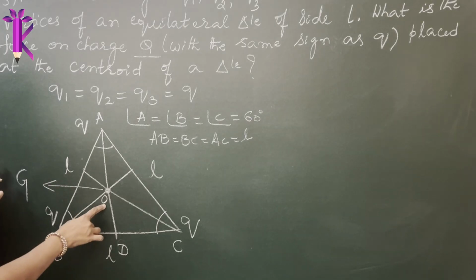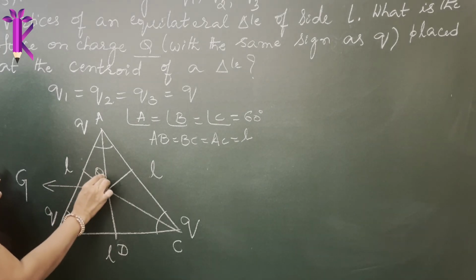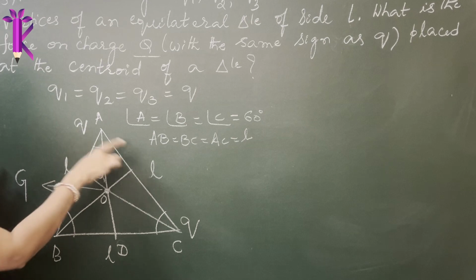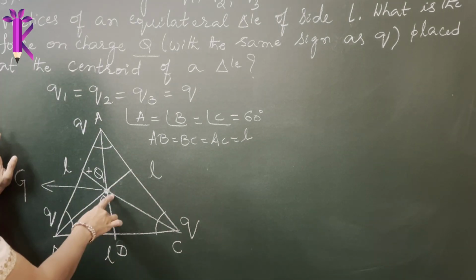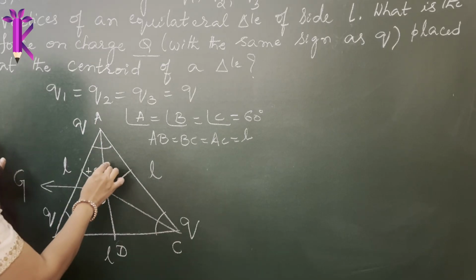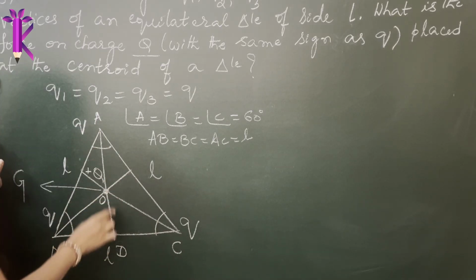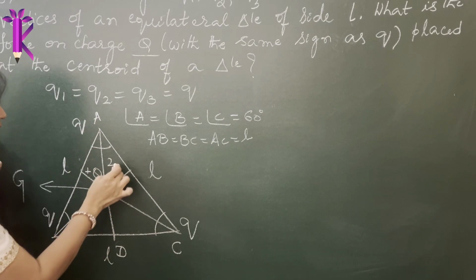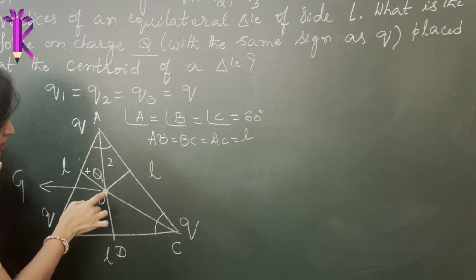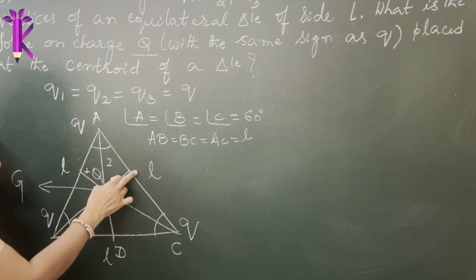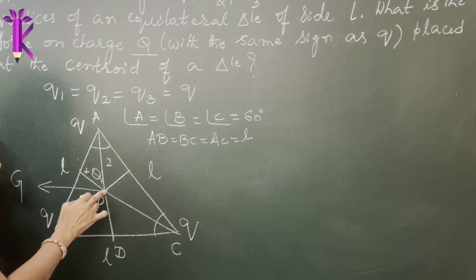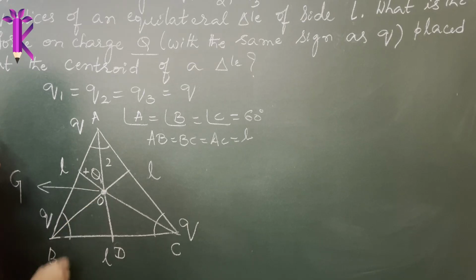Okay, so at this centroid a charge Q is placed, with a positive sign like all the three others. A centroid is a point where all the medians meet. An easier definition: the medians or perpendicular bisectors from all the angles meet at a particular point, and it is known as the centroid.